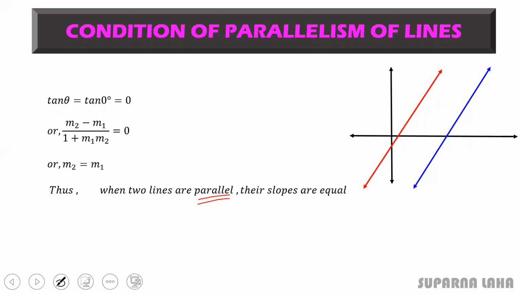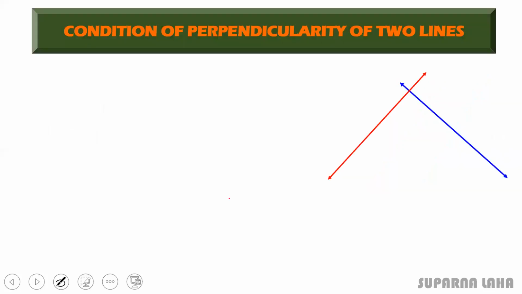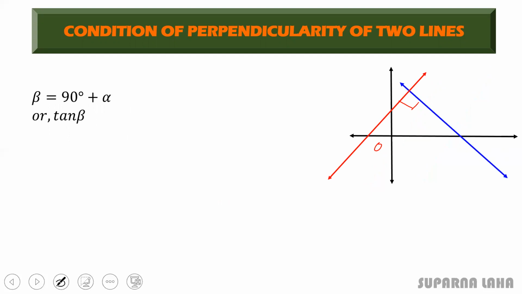So next, moving to the condition for perpendicular. Same lines I'm taking. This is x-axis, y-axis, and this is origin, and this angle is 90 degree. Clear? So this is 90 degree. So beta is 90 degree plus alpha. So tan beta is equal to tan of 90 degree plus alpha. And what is tan of 90 degree plus alpha?